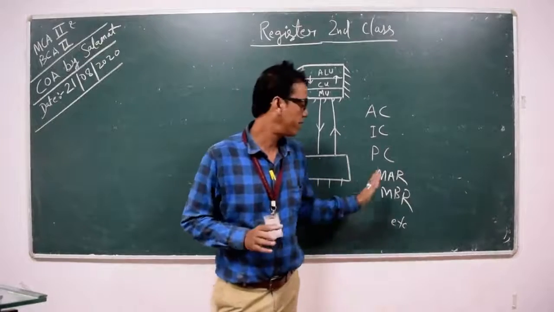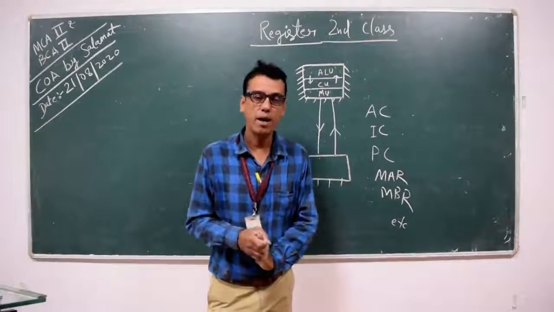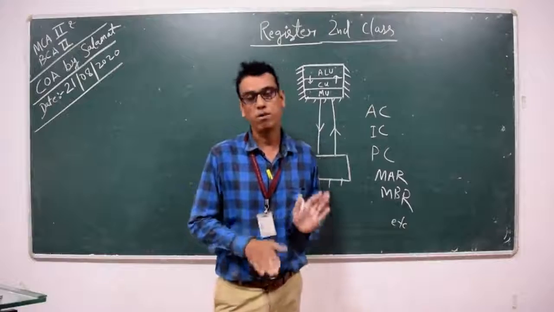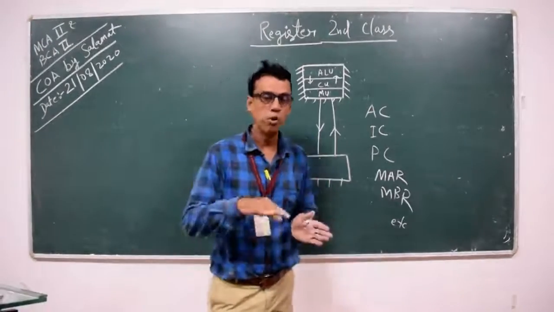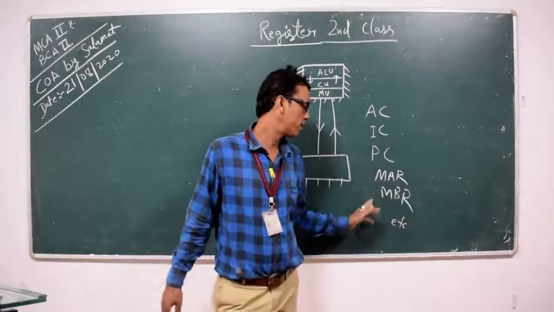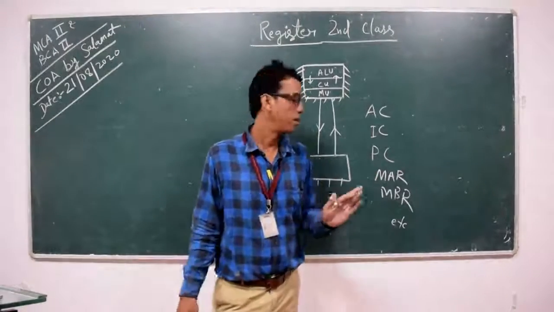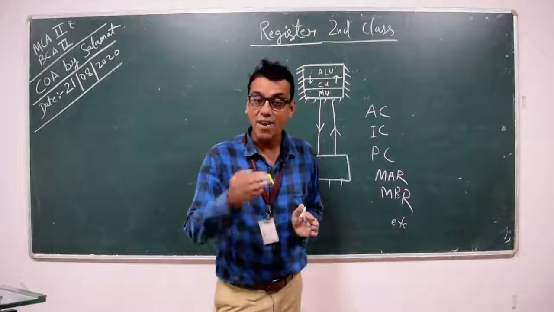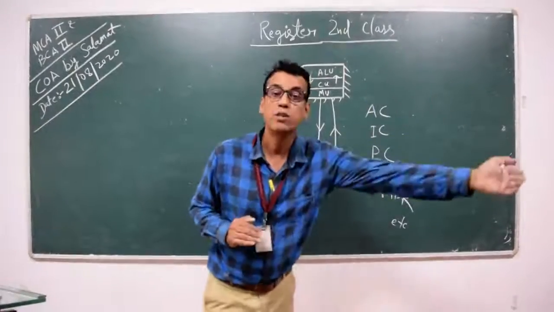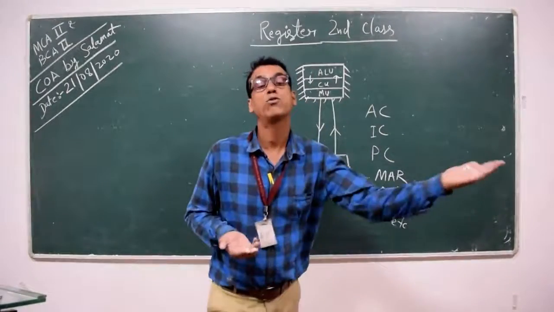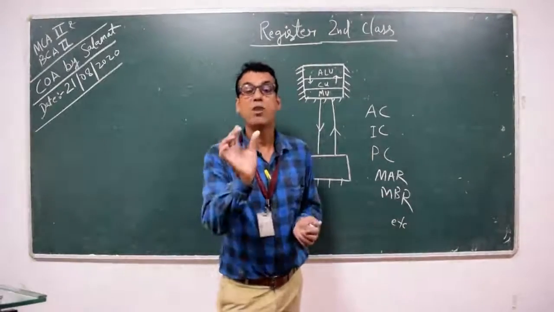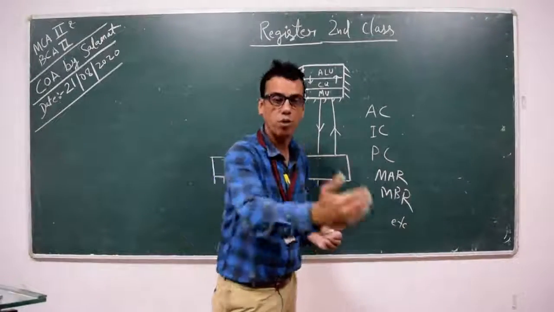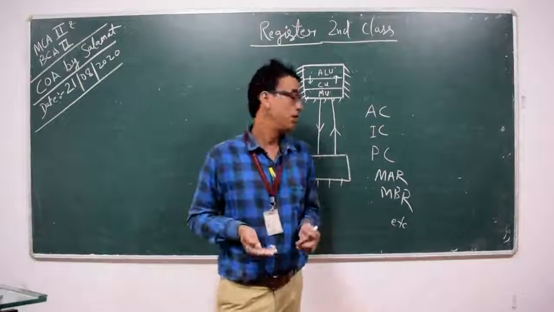Their responsibility is to transfer data from microprocessor to main memory or from main memory to microprocessor. They work in collaboration with each other. MAR stores the address where the data has to be stored or from where the data has to be fetched. MBR stores the actual data that has to be stored or fetched.